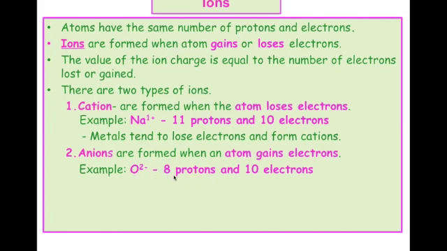If you compare the number of protons to the number of electrons, there are 2 more electrons than protons. Because electrons have a negative charge and there are 2 more electrons than protons, the overall charge of this ion is 2 negative.